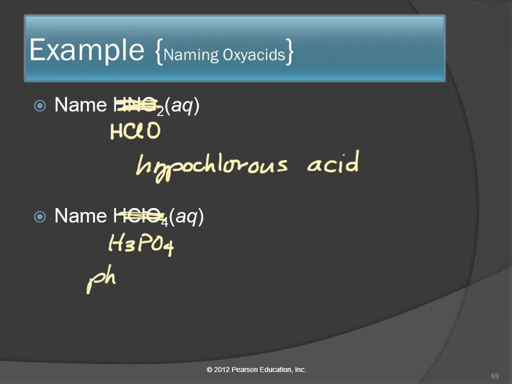So that has phosphate in it. So ate goes to what? Ick. Rick ate. Ick ate go together. So I'm going to get rid of the ate. And here's where the OR in phosphorus comes back again. I don't know why. Maybe because it sounds better. Phosphoric acid. So that's phosphoric acid. Any questions?